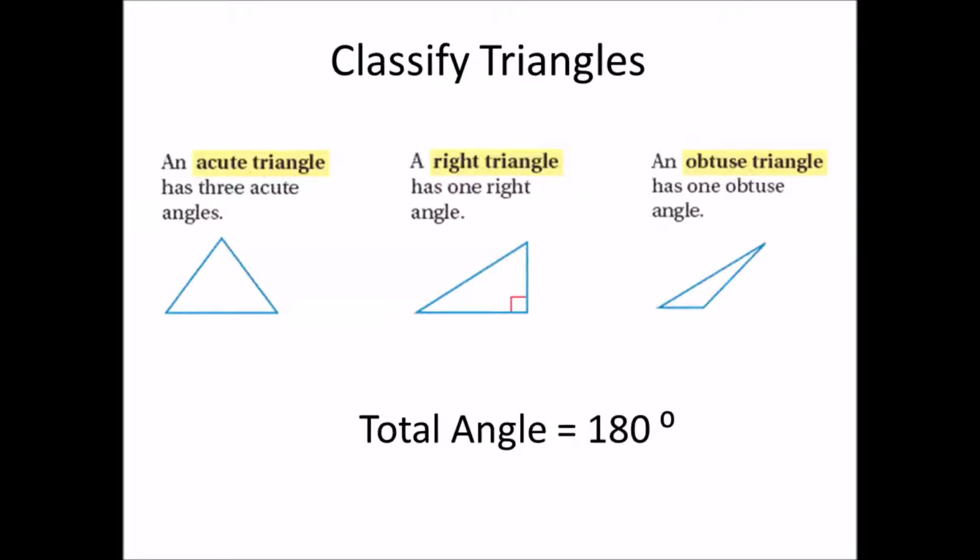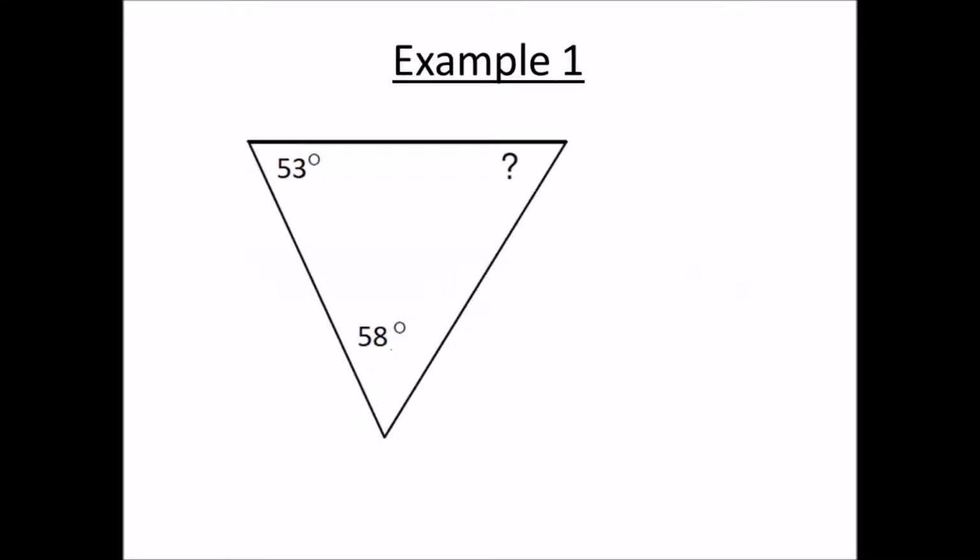Okay, now let's look at example 1. So if I'm given this triangle, and I know that one of the angles is 53 degrees right here, and I also know that this angle right here is equal to 58 degrees, I need to figure out what this angle right here is. So I know that a triangle adds up to 180 degrees.